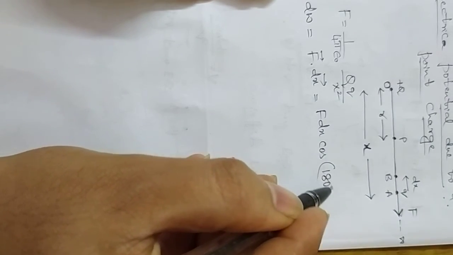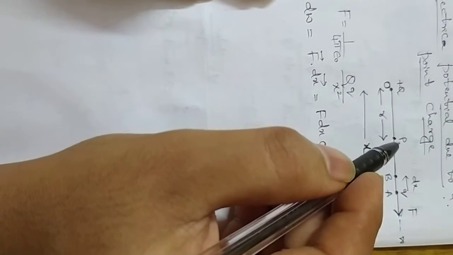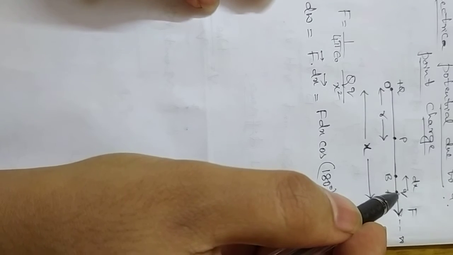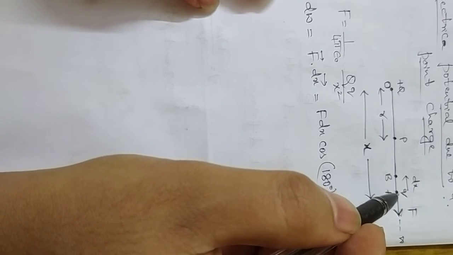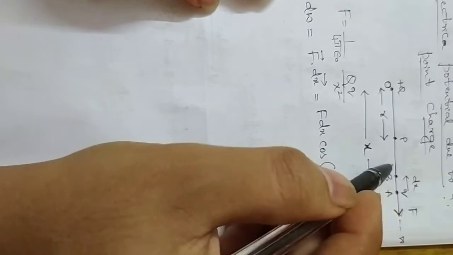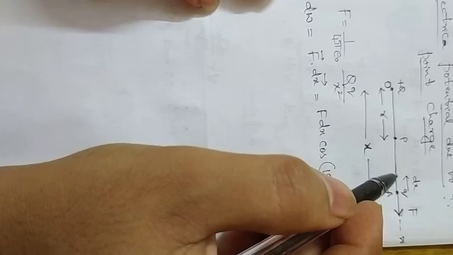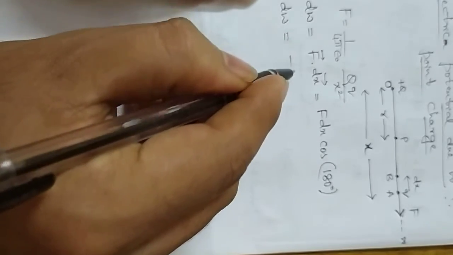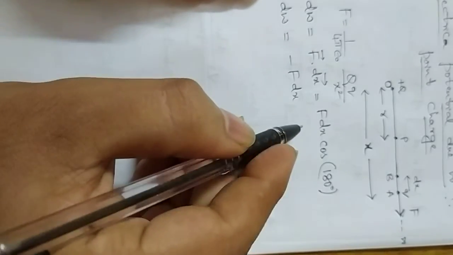Theta comes out to be 180 degrees, because here the electrostatic force of repulsion makes the test charge move towards the right, but we are doing the work of moving a test charge from point A to point B, that is towards the left. So the angle between the force of repulsion and the displacement is 180 degrees. So cos 180 is nothing but equal to minus 1, so that can be written as minus F dx.